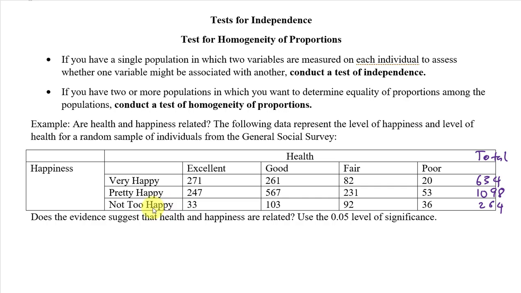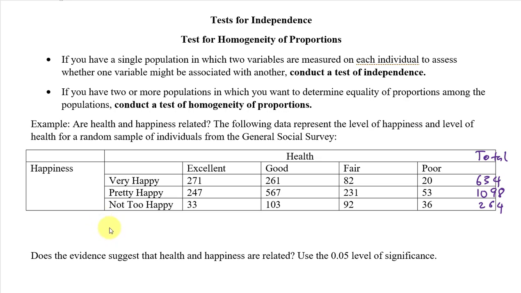And now I need to find the total for each of the columns as well. So I need to add three numbers together here. I get 551. These three, I get 931. These three, I get 405. And then these three, I get 109. So this is the total for each row, and this is the total for each column.